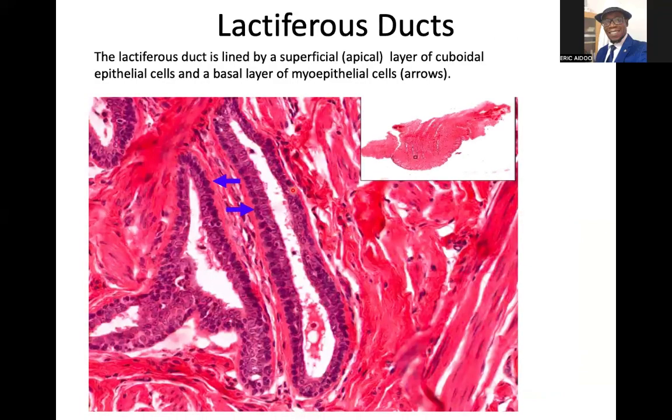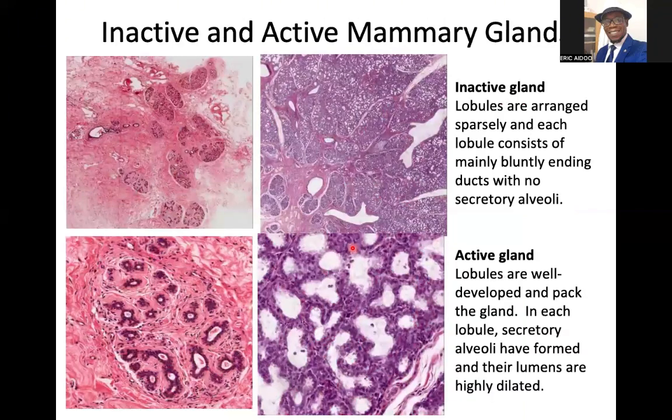So the lactiferous duct is lined by a superficial or apical layer of cuboidal epithelial cells here, and then a basal layer of myoepithelial cells. Then you have the myoepithelial cells there, which obviously contain smooth muscles there. So that is basically how the lactiferous ducts look.